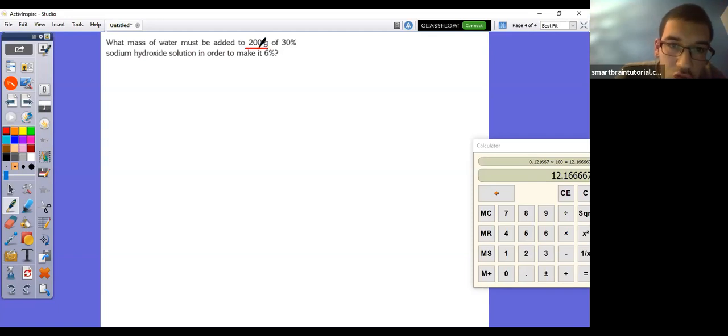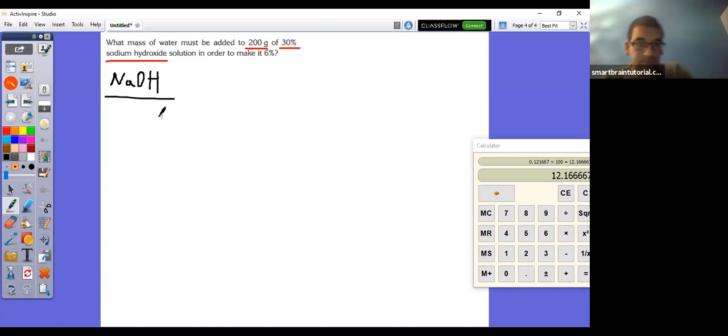So what we have is 200 grams of solution, 30% of sodium hydroxide. The chemical formula of sodium hydroxide is this one. First of all, we have to find the mass of sodium hydroxide in this solution.